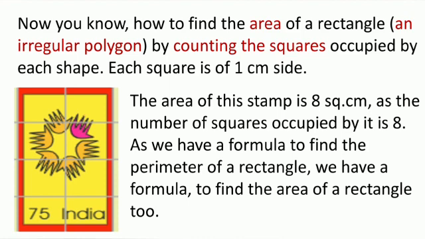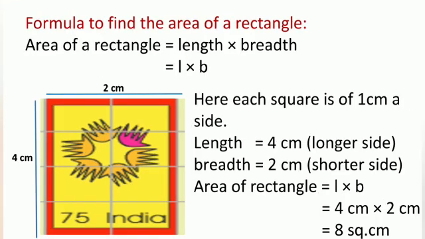As we have a formula to find the perimeter of a rectangle, we have a formula to find the area of a rectangle too. Let us now see the formula to find the area of a rectangle. Area of a rectangle is length into breadth, that is L into B. The longer side is the length and the shorter side is the breadth.